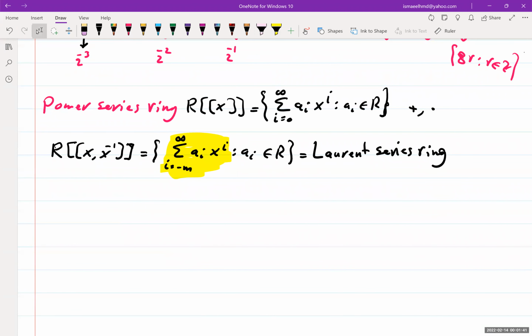Now we give some examples of non-commutative rings, especially matrices.